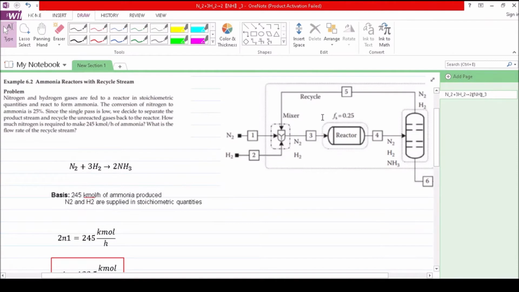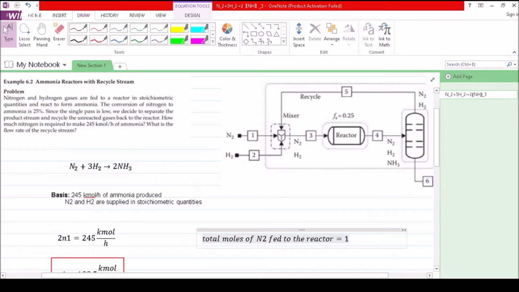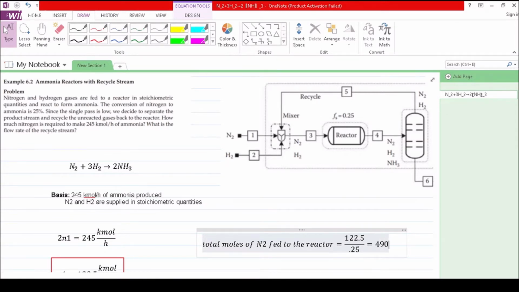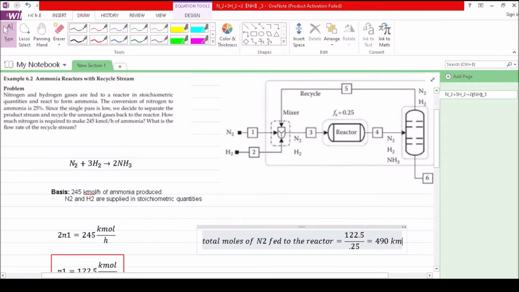So looking at the conversion, which is 25%, we can get the total number of moles of nitrogen fed to the reactor, which is equal to 122.5, the total moles of nitrogen reacted, divided by the conversion 25% or 0.25, which gives us 490 kilomole per hour.